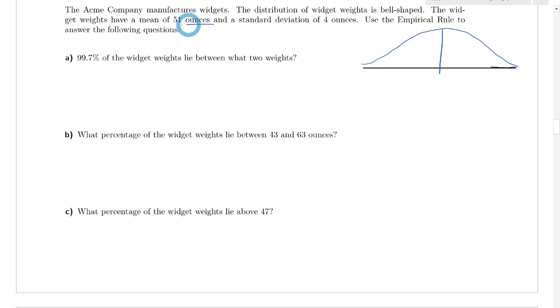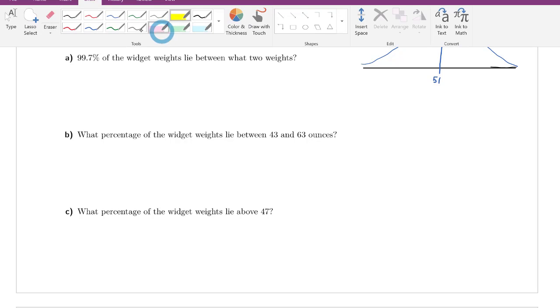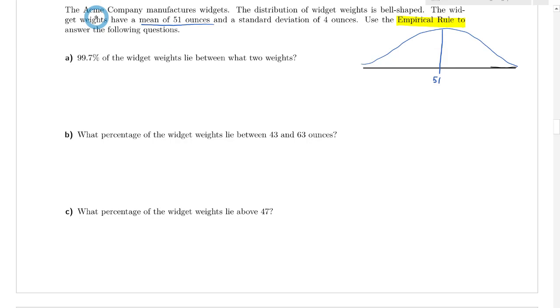We know that the mean is 51 ounces. And we know with the empirical rule, we're going to have 3 standard deviations from the mean on the left and right. So here's 1, 2, 3 standard deviations to the left, 3 standard deviations to the right.